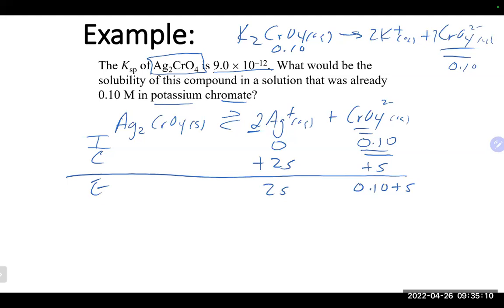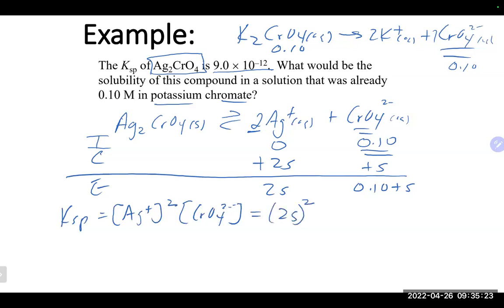Our Ksp expression would be the silver, and we need to make sure we square it because of the coefficient, times the chromate. Putting our numbers in gives us (2S) squared times (0.1 plus S) equals 9 times 10 to the minus 12.